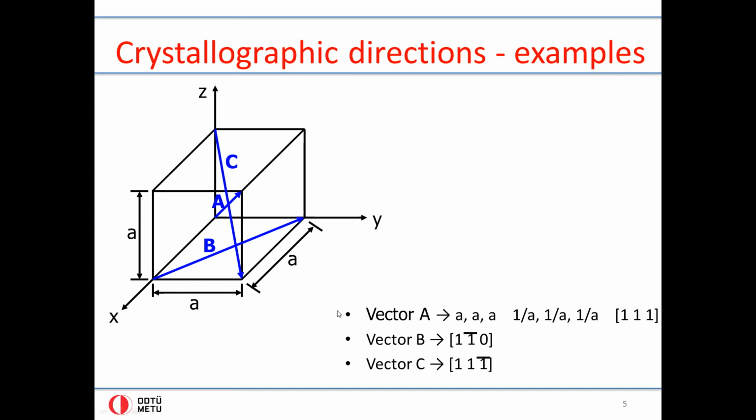So then vector B moves along the positive y-axis, but it moves along the negative x-axis, and it does not move along the z-axis. So vector B, in fact, is shown here to be incorrect.